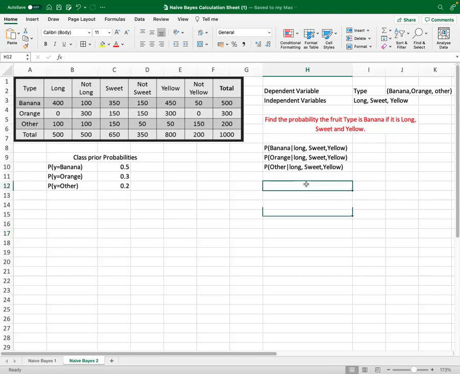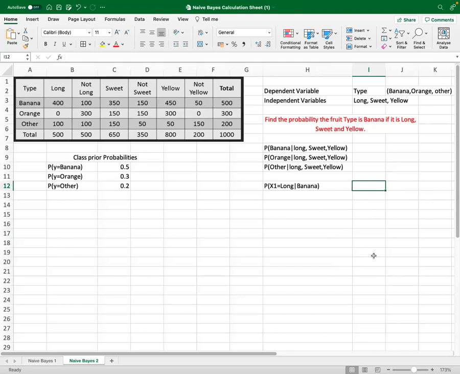Okay, all right. So first we will calculate the likelihood of evidence of the first case. The probability of x1 is equal to long given it is a banana.